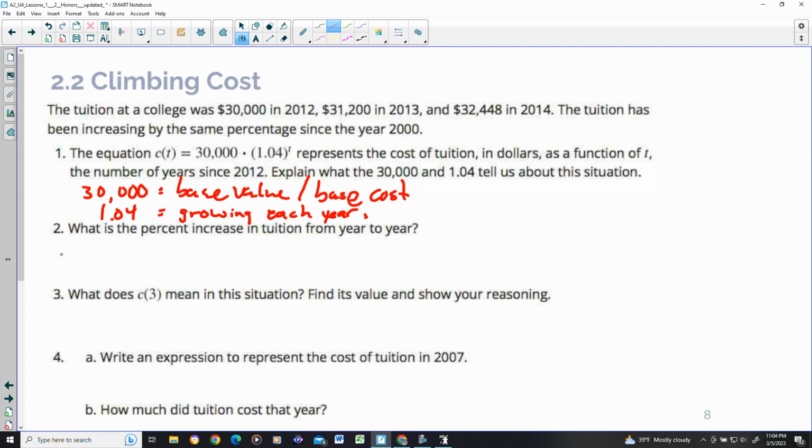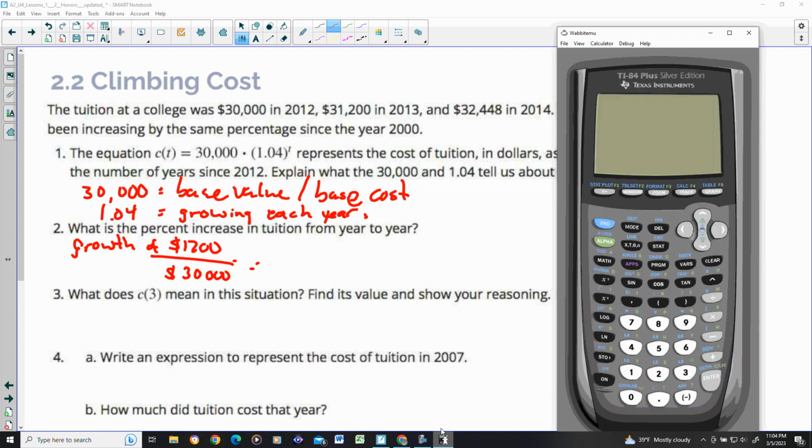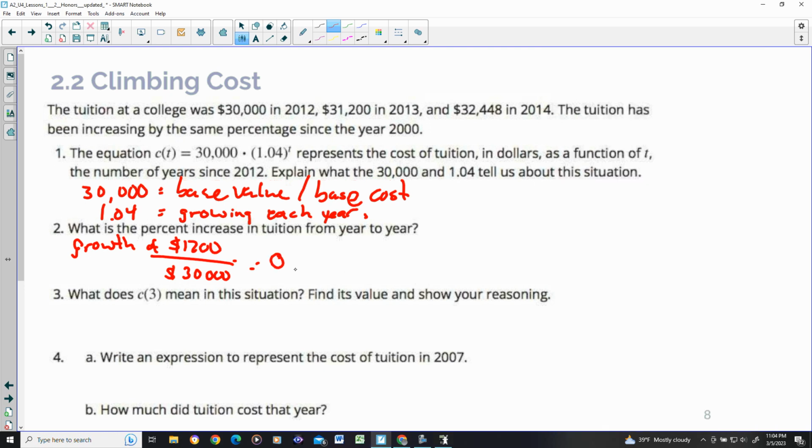So it's a growth of 1,200 out of the 30,000. So what's 1200 divided by 30,000? 0.04, which represents a 4% increase.